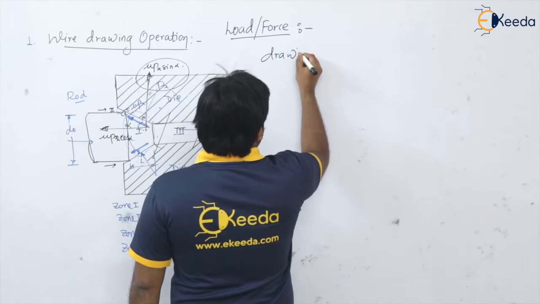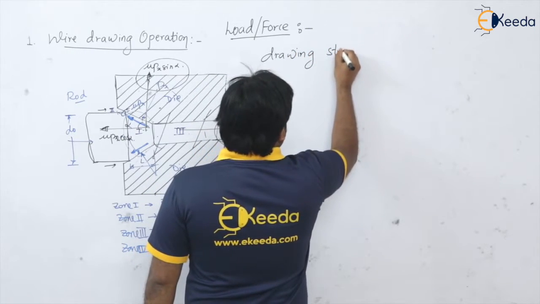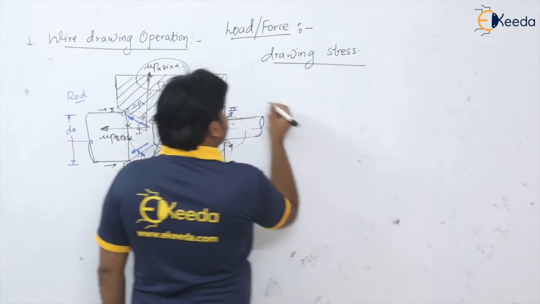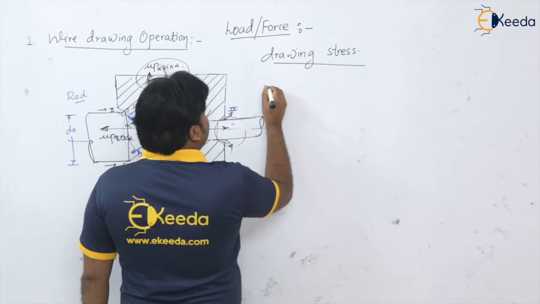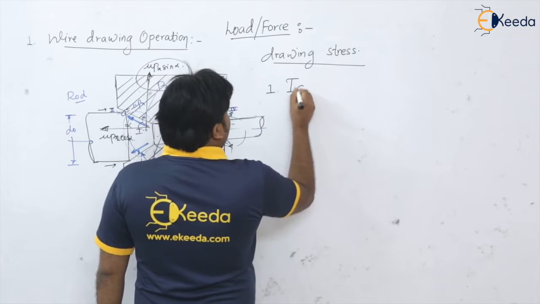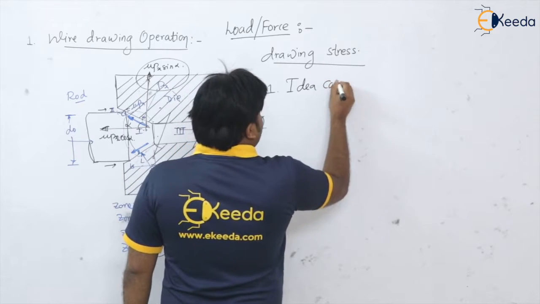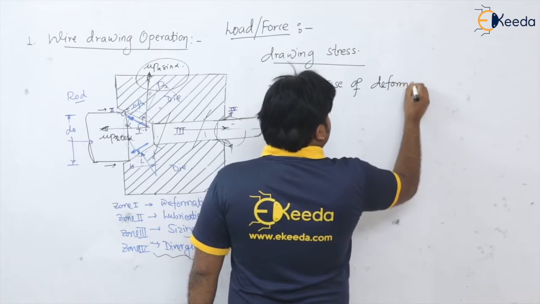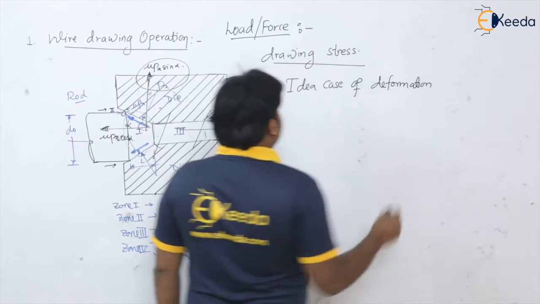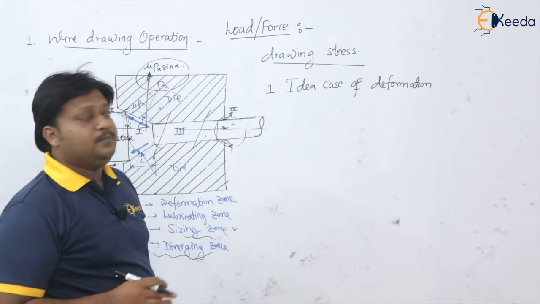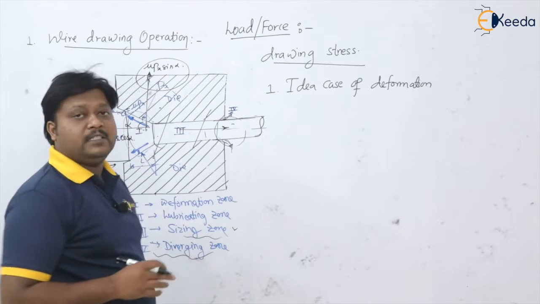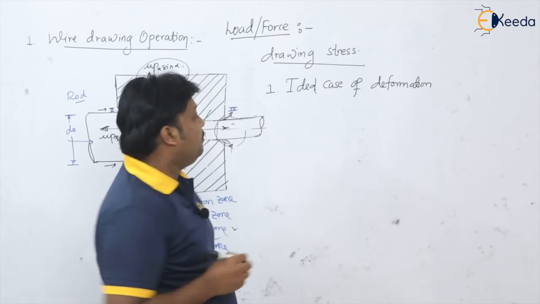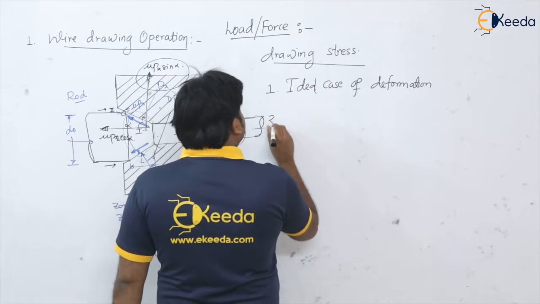For that, in the drawing operation we have case number 1, the ideal case of deformation, that is, during the deformation there will not be any kind of friction present in the process. That is the ideal case of deformation. And the second case is what?